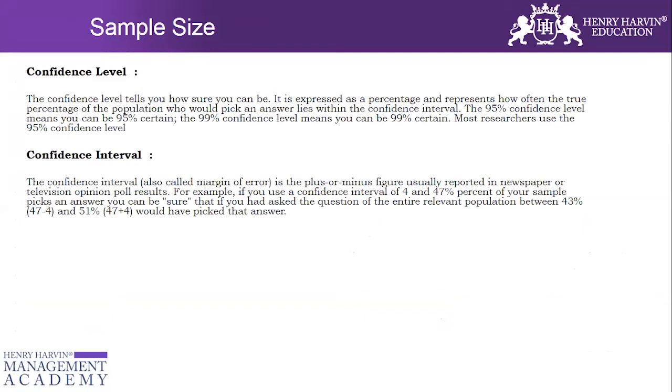It is expressed as a percentage and represents how often the true percentage of the population who would pick an answer lies in the confidence interval. In a nutshell, I have a population of 10,000, and how confident I am for that population, the kind of sample that I'm going to take, that is the confidence level, which is also known as the precision.